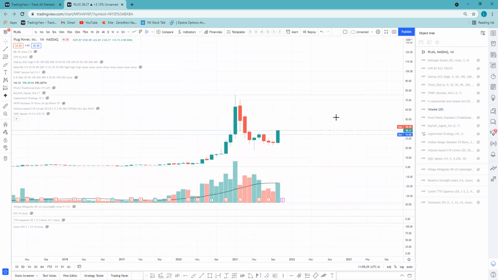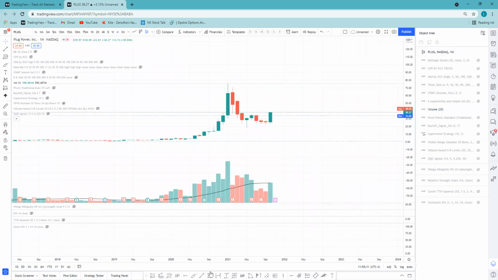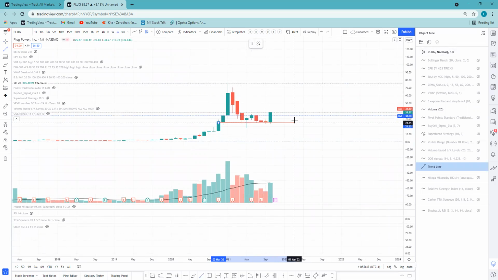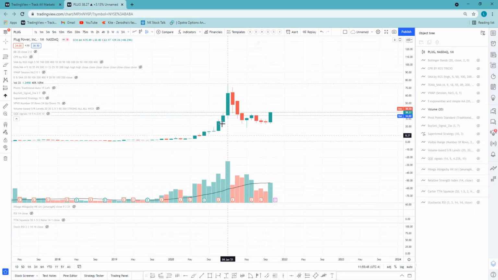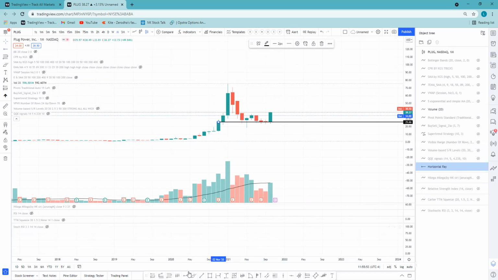And on the monthly too, the price was coming down and it gave the breakout. It's holding this area. So I'm going to put one horizontal line here. Cancel it out, put a horizontal specifically. Now I'll cover the week.